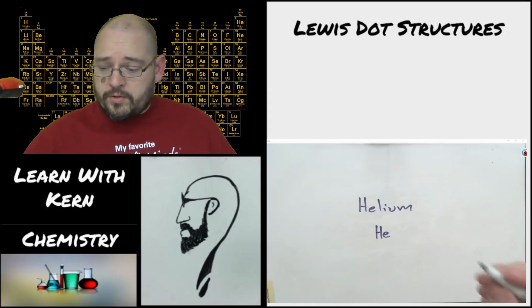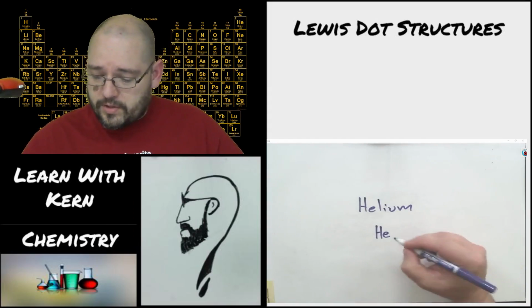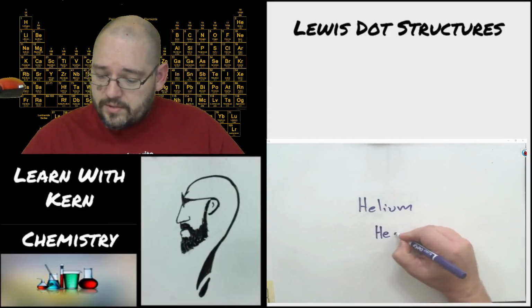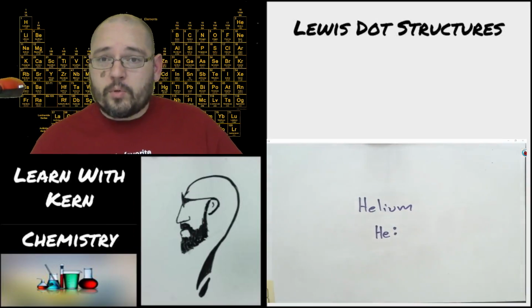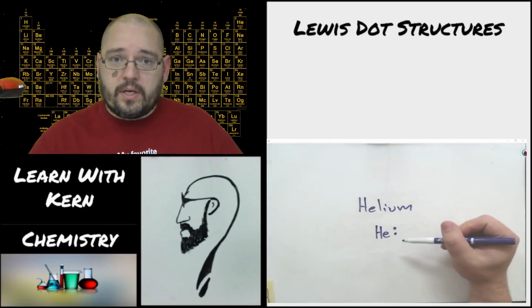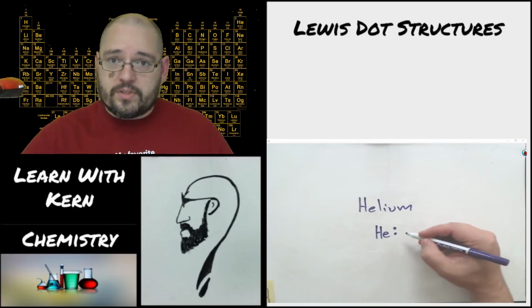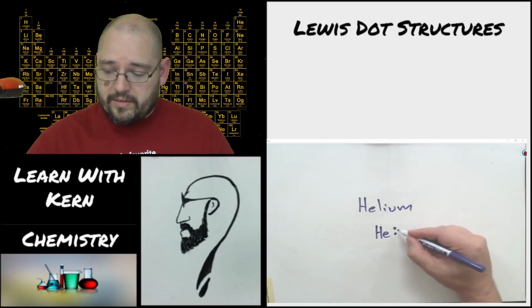So we're going to draw those 2 valence electrons as dots. Now, since helium only has the 1 energy level, the s orbital, as we learned from Hund's rule and all of that, they're going to pair together. So we're going to draw helium's dots paired together like this. Right?